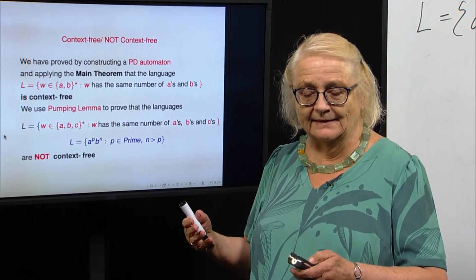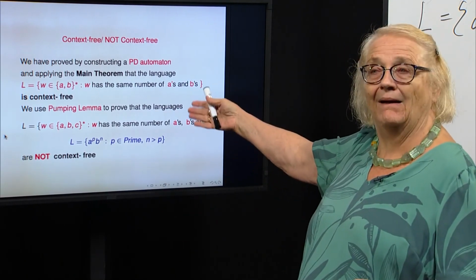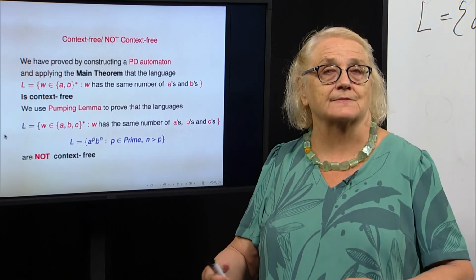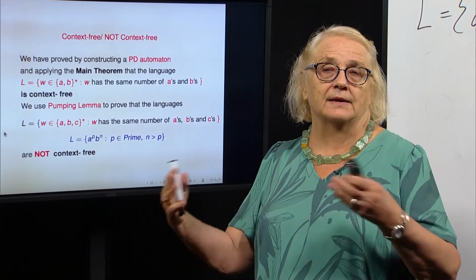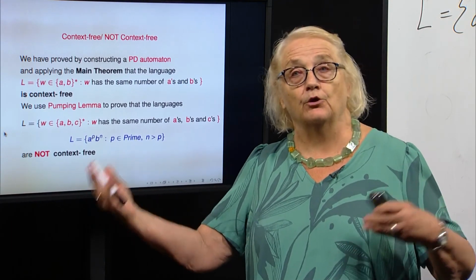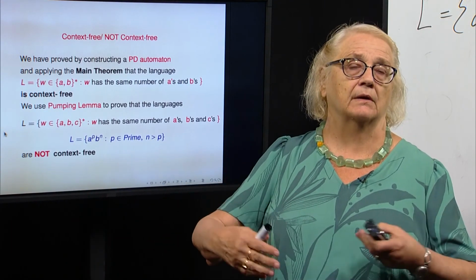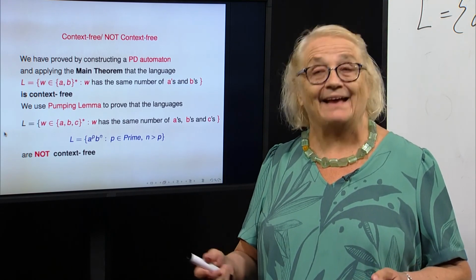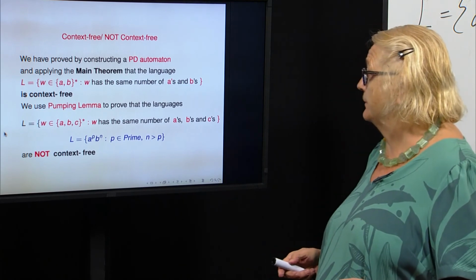So that is also somehow the power of the pumping lemma or of closure theorems: knowing certain languages to be not regular or not context-free, the closure properties give you the power to prove that other languages are not context-free.